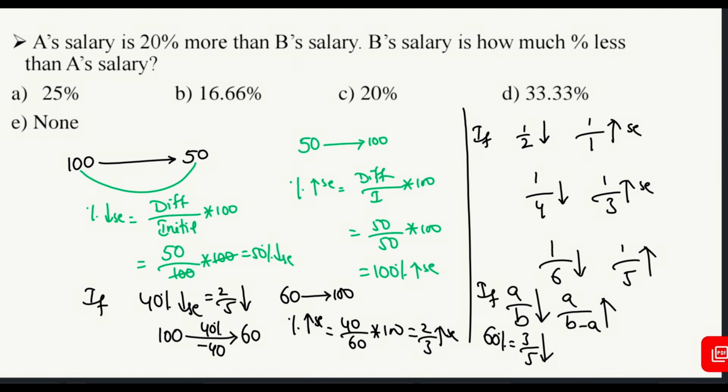How much percentage do we need to increase? 3 by 5 minus 3 will be equal to 3 by 2. 3 by 2 is nothing but 150 percent has to be increased.